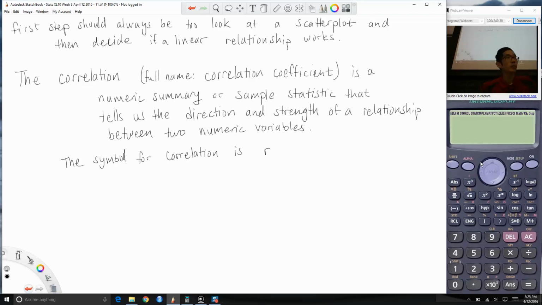Okay, and I'll talk about the interpretations of correlation. They only make sense for linear relationships.